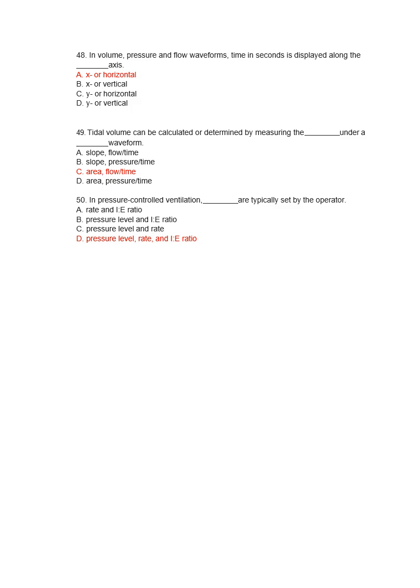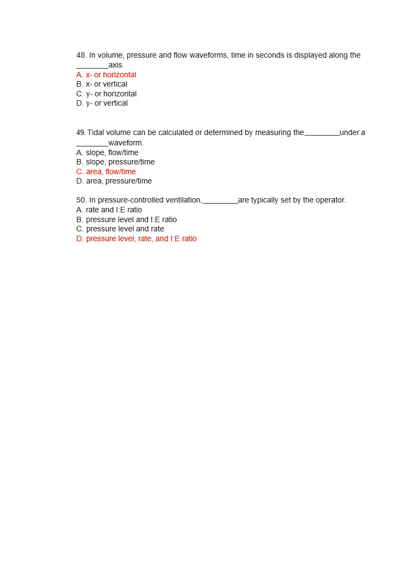The last question. In pressure control ventilation, the following is typically set by the operator. The options are rate and I ratio; pressure level and I ratio; pressure level and rate; pressure level, rate and I ratio. In pressure control ventilation, we preset a pressure. It is mandatory ventilation, so the rate will be set by the operator.